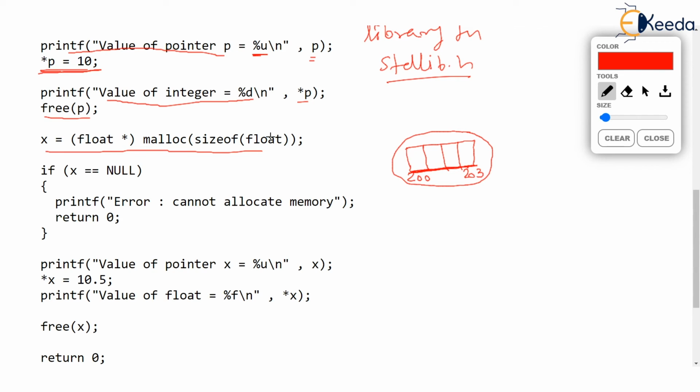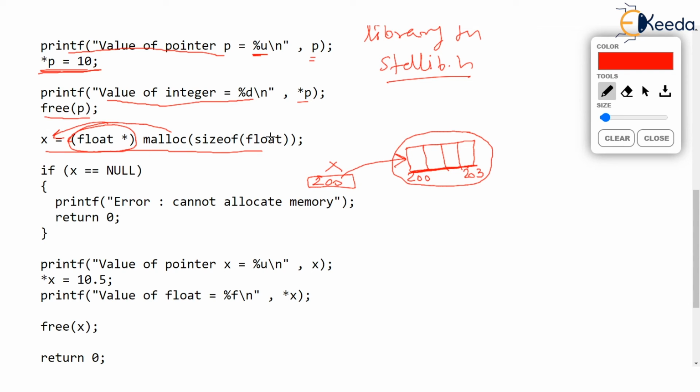But then what will malloc do? Malloc will simply return the address and store it in X. So X is a pointer which will store the base address of the float. X is now pointing to 200. You also know why we have written the float pointer in the bracket here. This is meant for casting or typecasting.